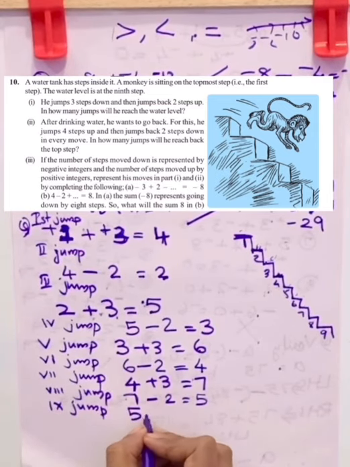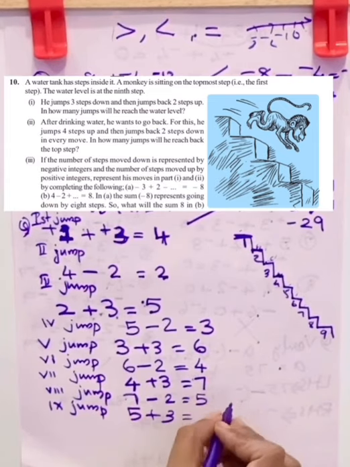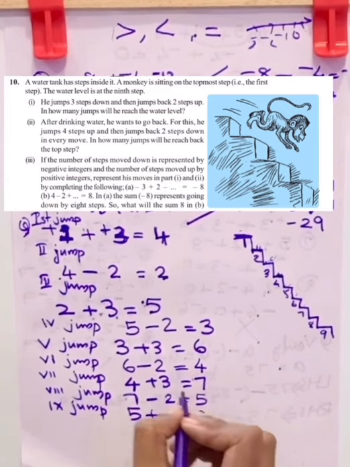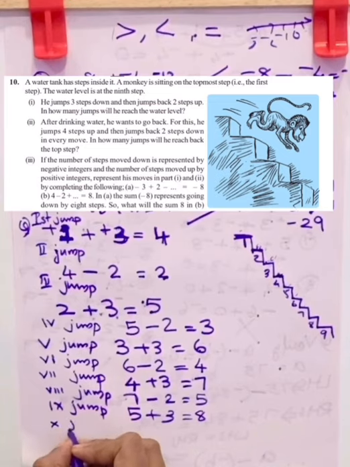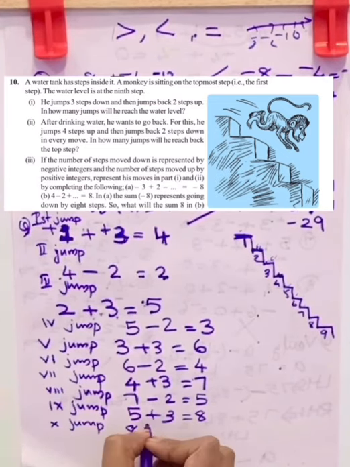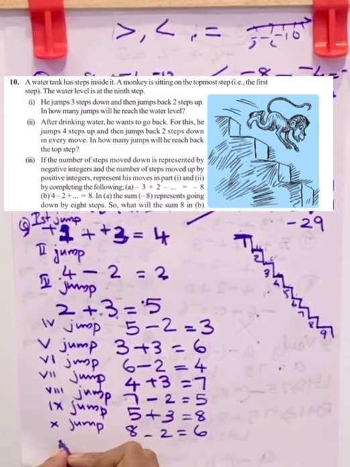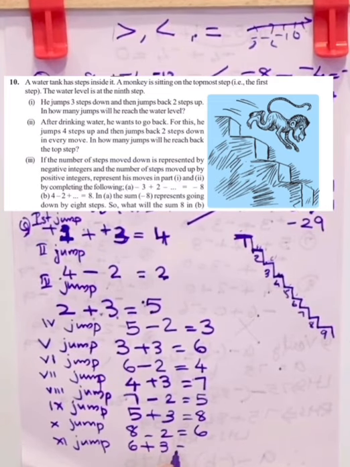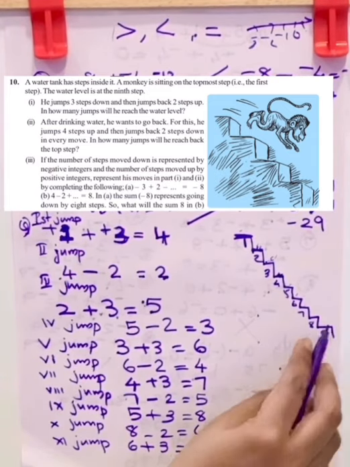Now from 5th, 3 steps forward, so 8. And on 10th jump, from 8th step, 2 steps backward, that is 6th step. Now on 11th jump, he'll reach 9th step. Now he reached 9th step where there was water.